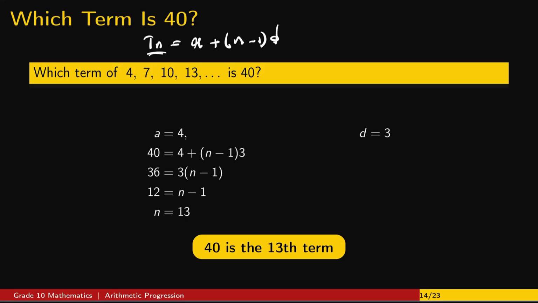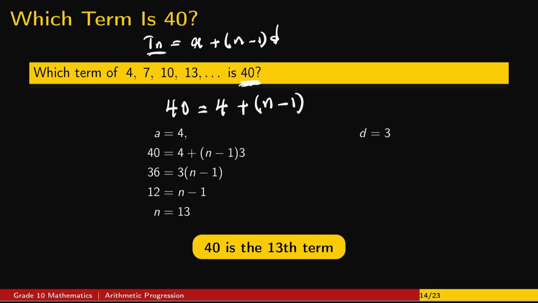So which term is 40? Meaning that this t sub n is 40. Okay, t sub n is 40. What we are looking for here is n. Okay, so I can write on top here to say, okay, 40 is equal to, right? The first term is 4 plus n is what I'm looking for.